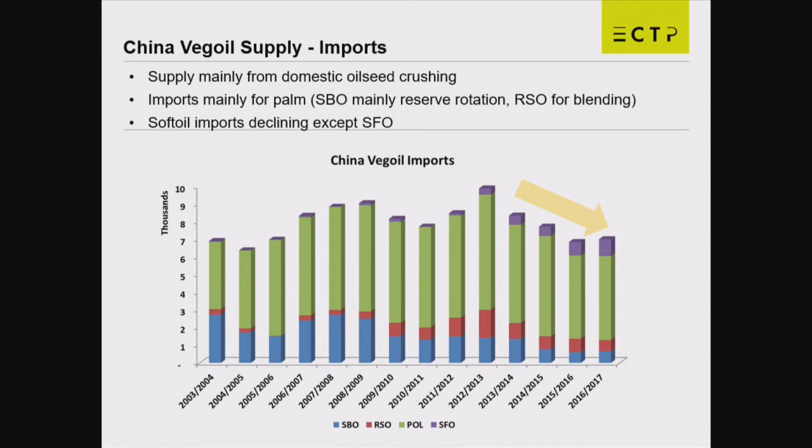The only oil that is increasing exponentially in terms of imports is sunflower oil. This is because Chinese people now start to believe that sunflower oil will give you better health. Basically, it's healthier. That's why we are importing more sunflower oil, and they can actually charge a premium in China.